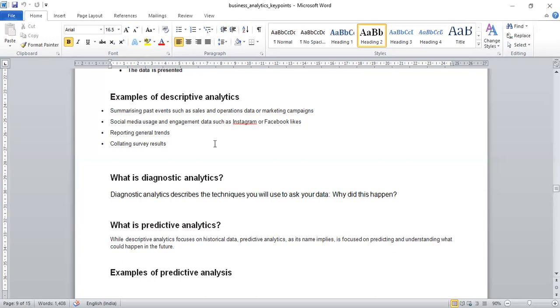So you can understand the examples: summarizing past events such as sales and operations data or marketing campaigns, social media usage and engagement data such as Instagram or Facebook likes, reporting general trends, and collating survey results. Okay, so these are the things. Understood?